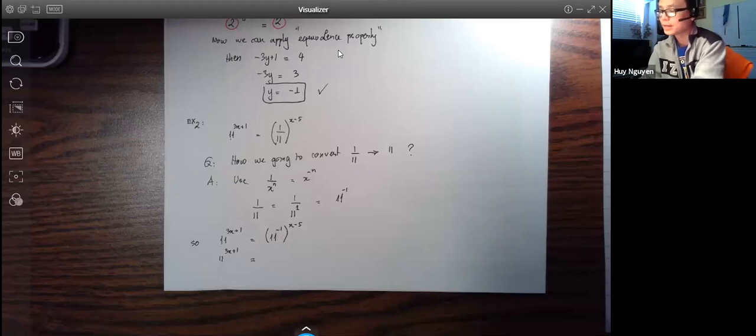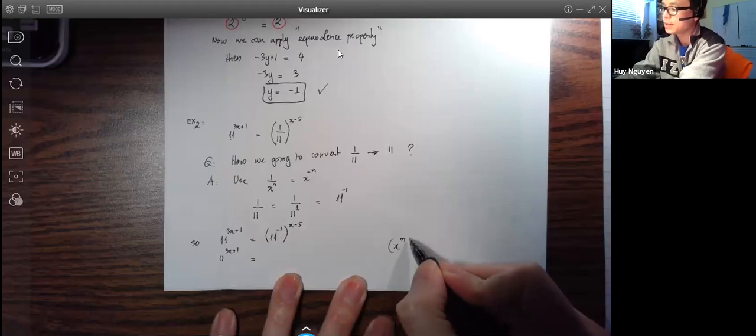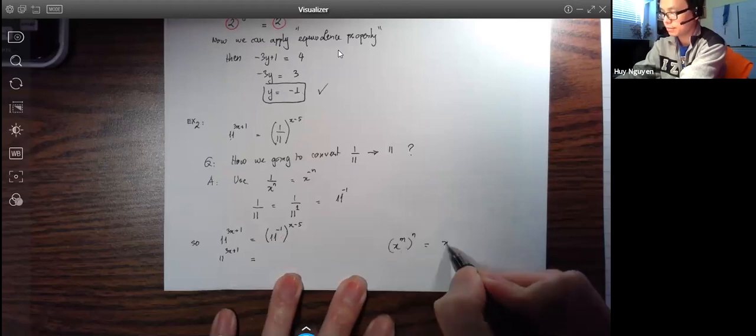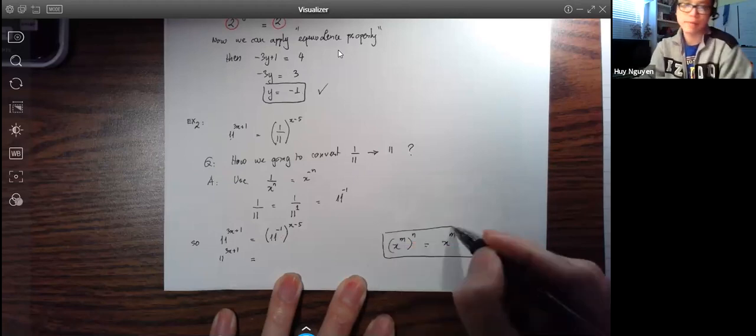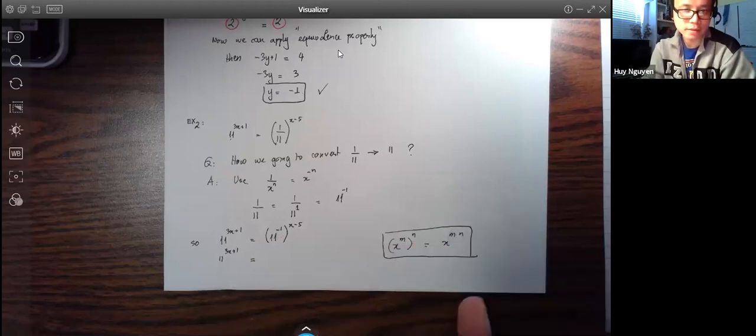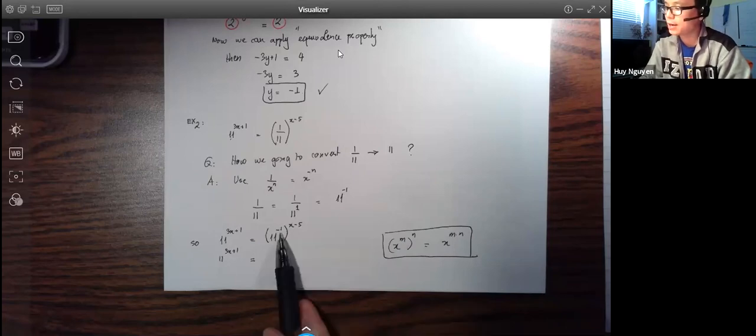Okay. You're going to apply this formula. x to the m raised to the n is x to the m times n. Everybody knows this, right? Now you see that m is -1, n is x minus 5.